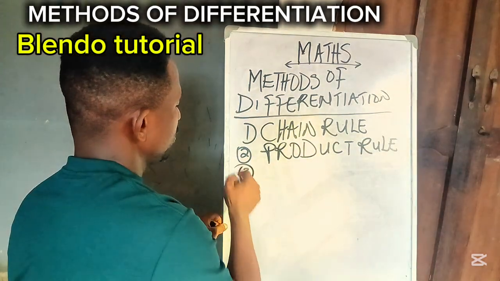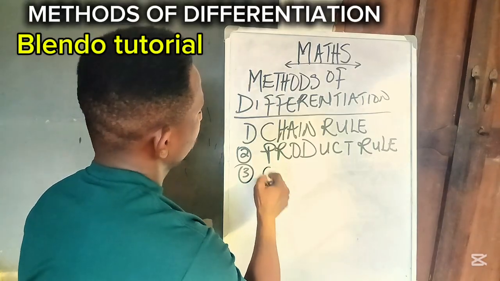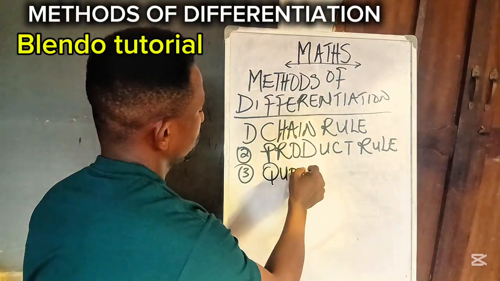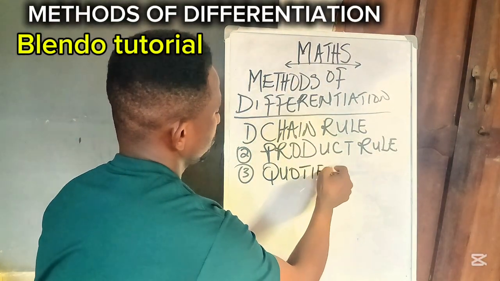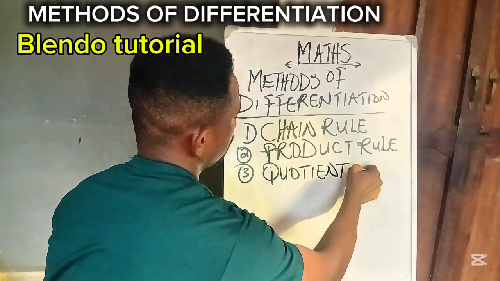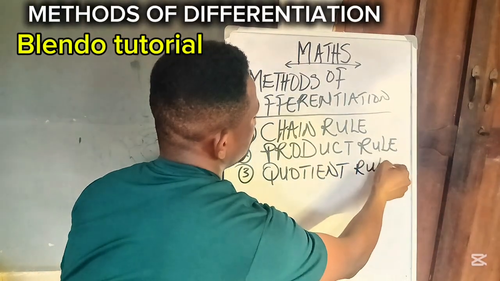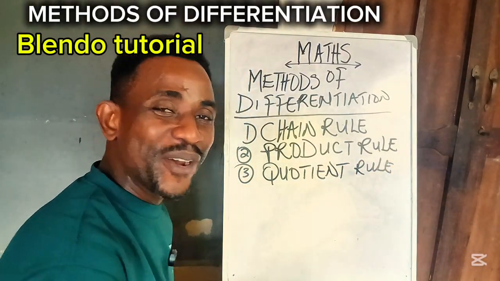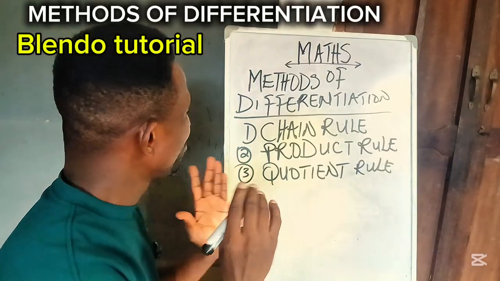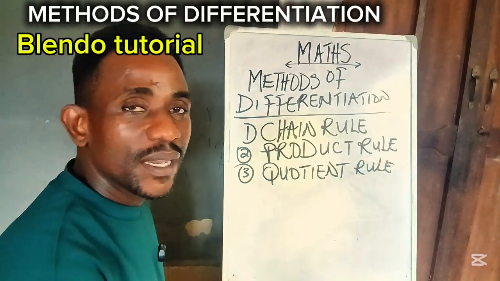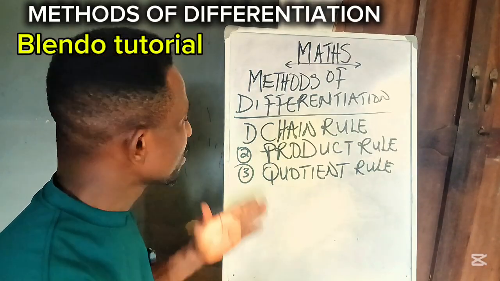And the third one is quotient rule. So we are going to look into these rules one after the other. For the meantime, chain rule.